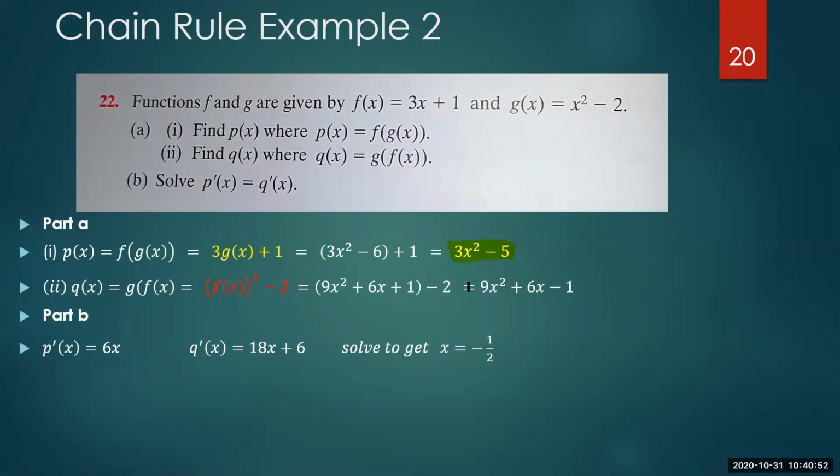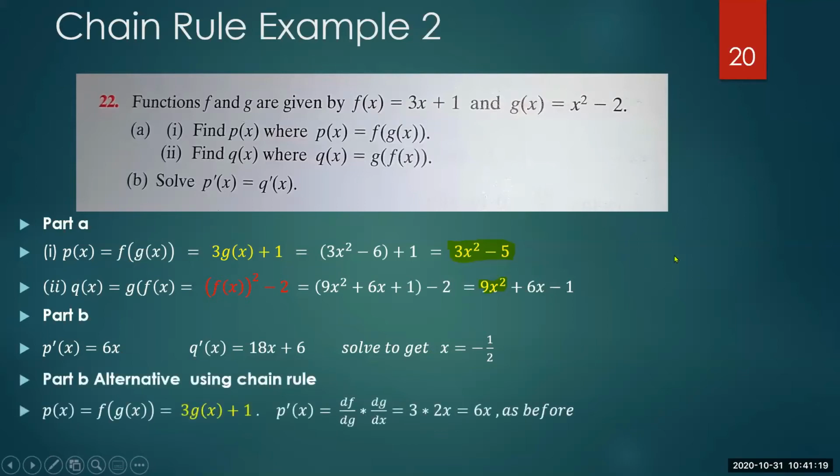And q dash of x, you differentiate the 9x squared piece first. That gives you 18x. Then you differentiate the 6x, and that gives you 6. And then you differentiate the minus 1, and you get 0. So q dash of x is equal to 18x plus 6. And it's pretty easy to solve that to get x equal to minus a half.